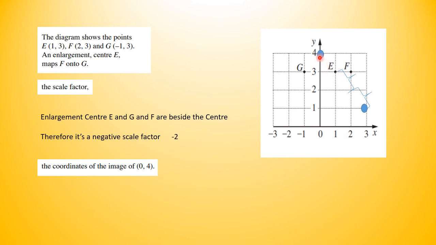From the center of enlargement, the distance to the point (0, 4) is 1. Since it's a negative scale factor of 2, you're going to count 1 count, 2 counts. So we are at (3, 1). The coordinates of the image of (0, 4) are (3, 1).